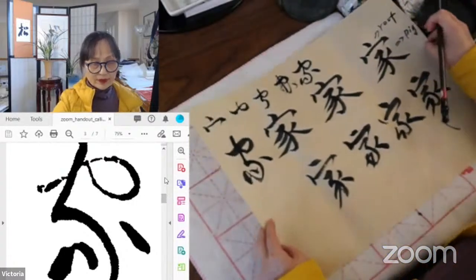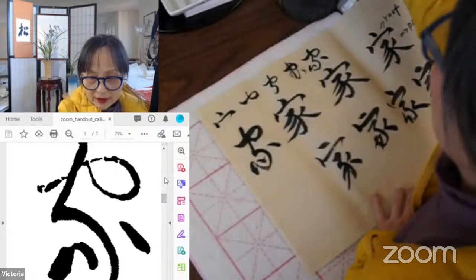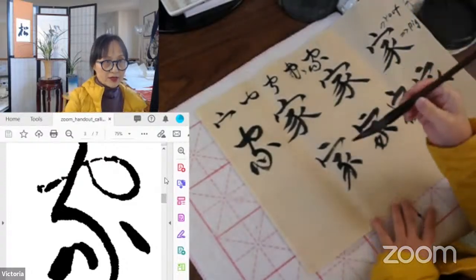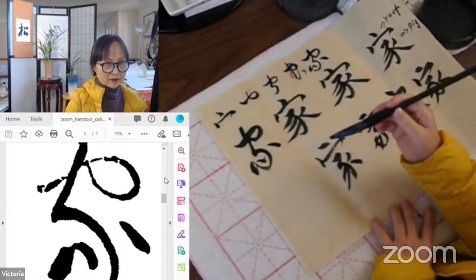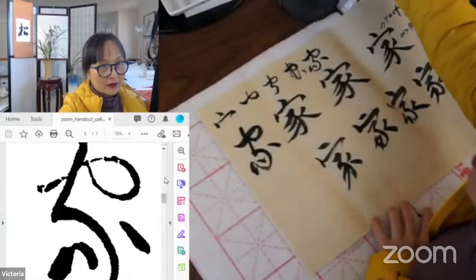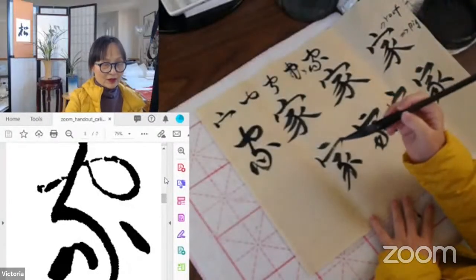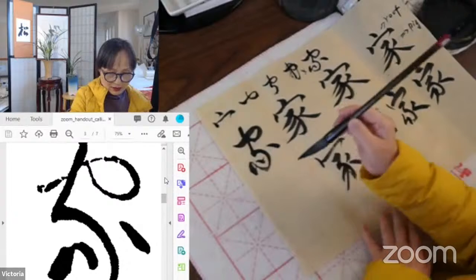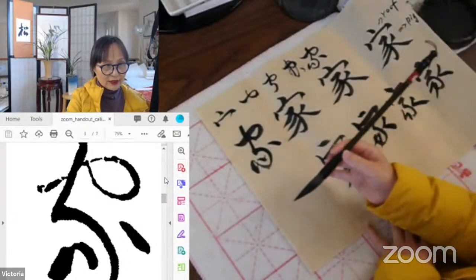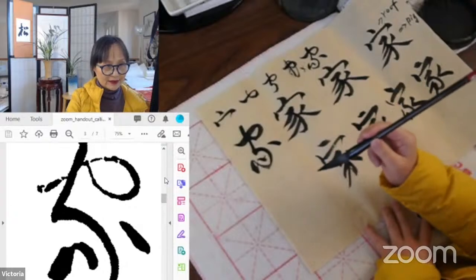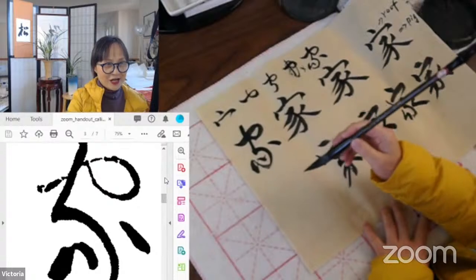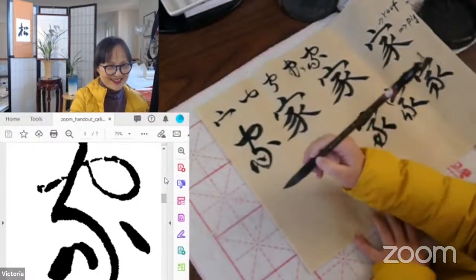Some radicals become one radical and change the order. That's very common in cursive writing. You get used to it, and it shows the rhythm and the chi energy movement later.